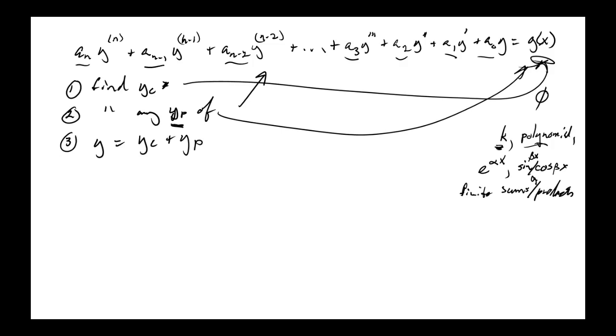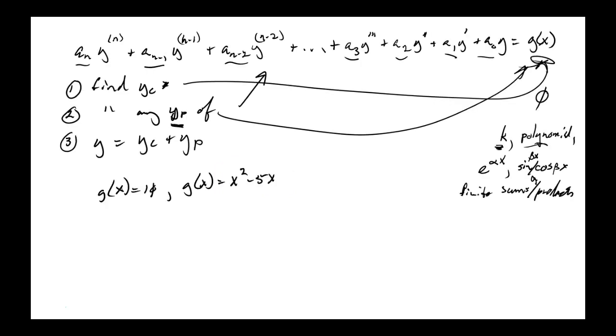Now, the following functions are some types of the inputs g of x that are appropriate. Your g of x could equal 10, or any other constant in the world, negative pi thirds. Doesn't matter. Your g of x could be any polynomial function, x squared minus 5x. That would be perfectly fine.